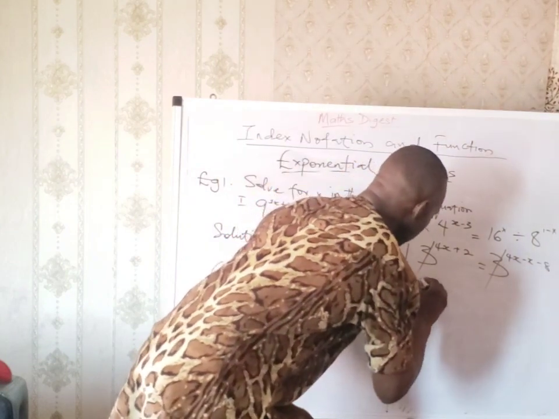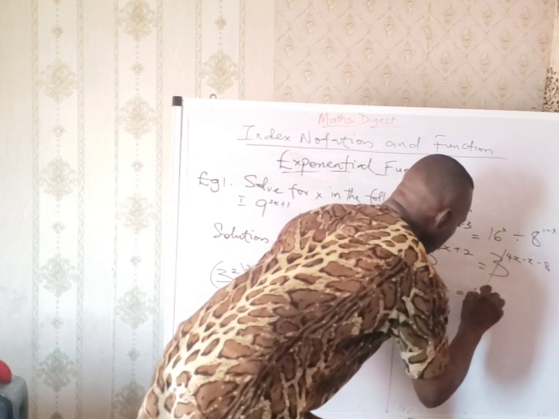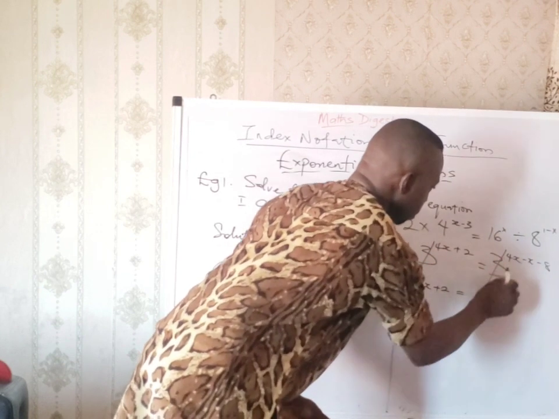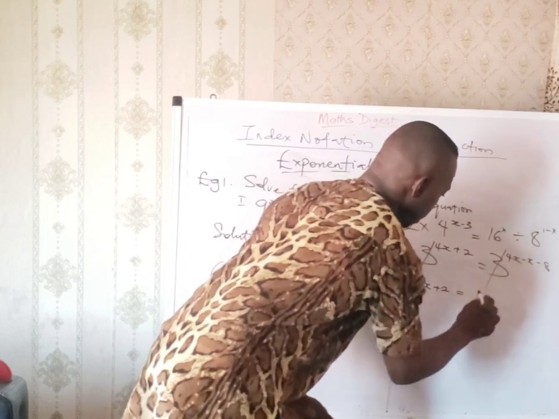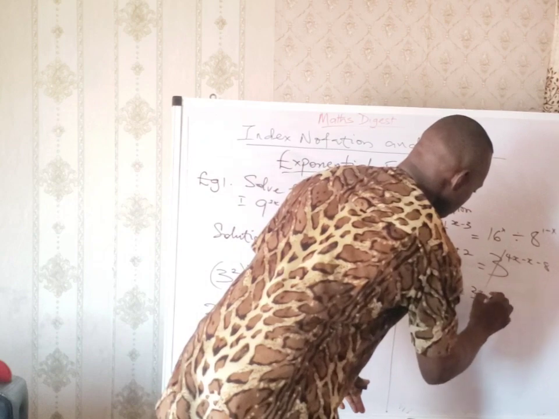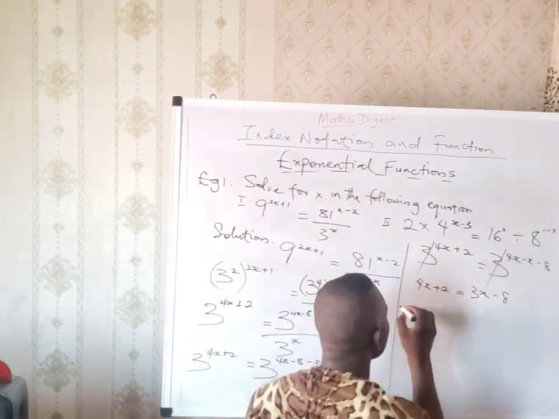You have 4x plus 2 equal to 4x, or rather, since you are collecting like terms here, 4x minus x is what? 3x minus 8. So collect like terms.